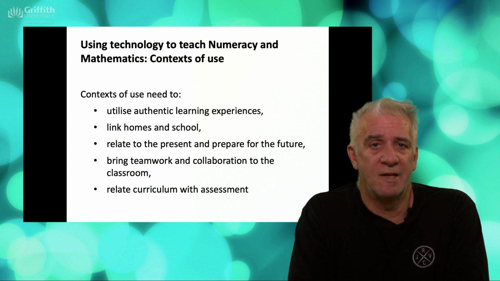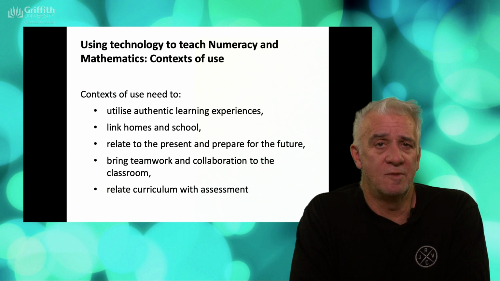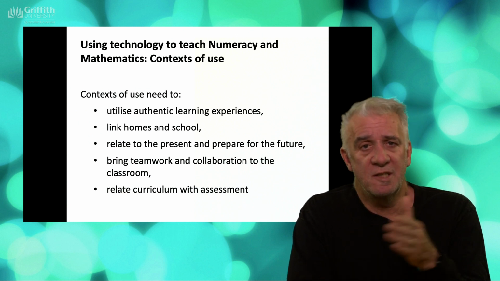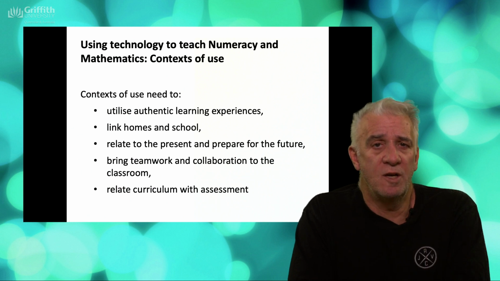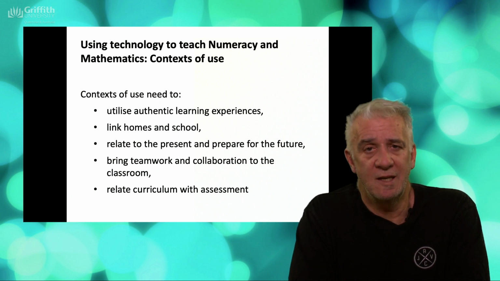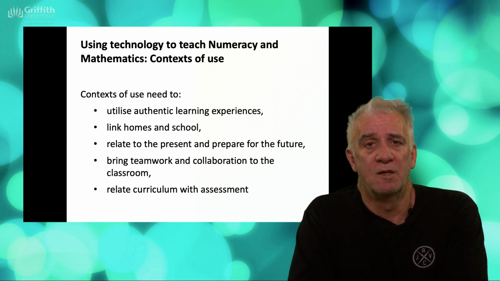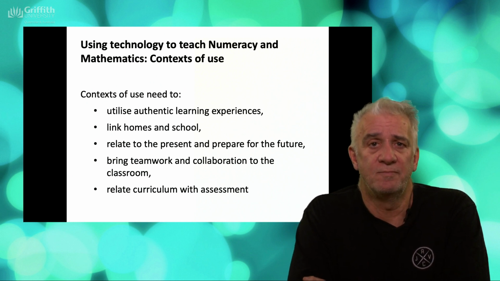Again, hopefully what it does is link home and school, because technology increasingly is becoming used seamlessly across the two, not just as a learning platform, but as tools and resources that are available for kids in both places, albeit taking into account the issues we talked about before with school kids in disadvantaged areas.